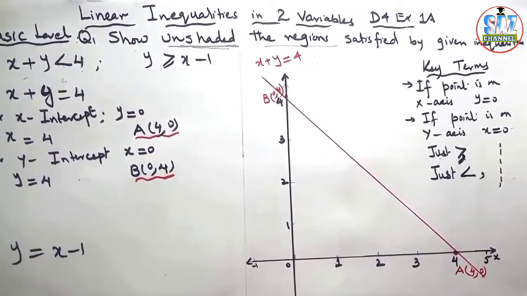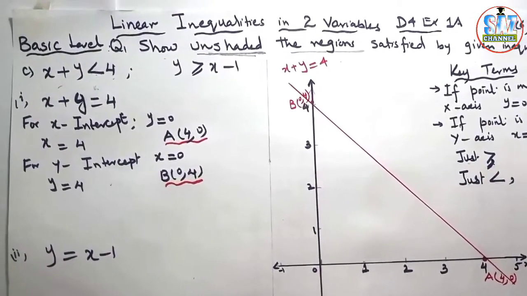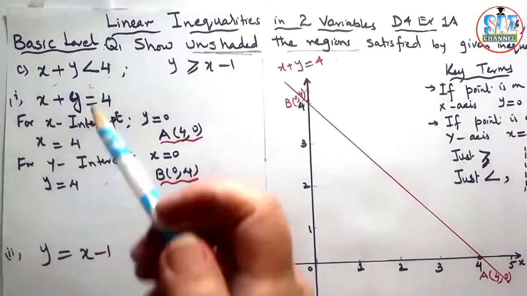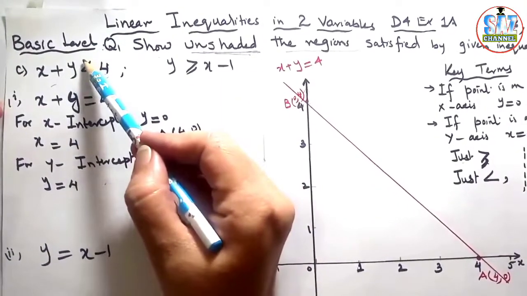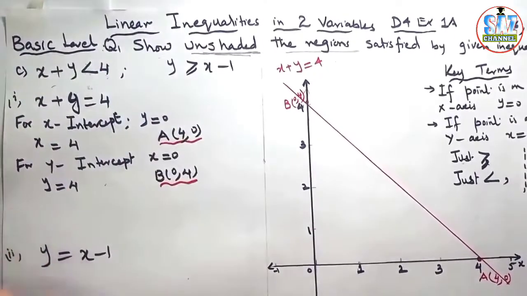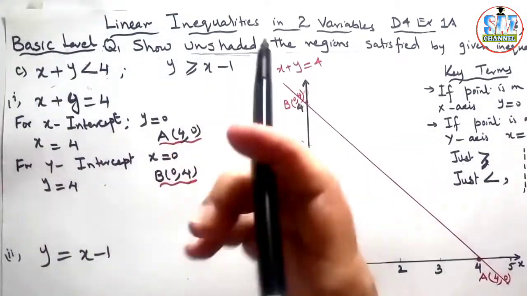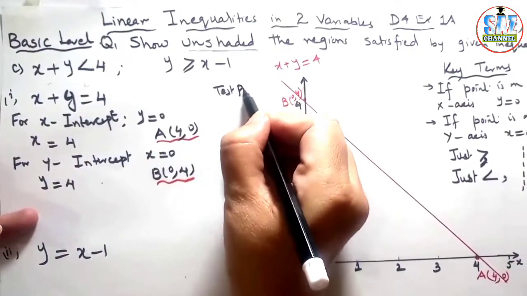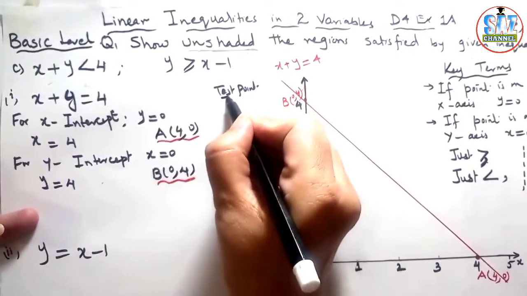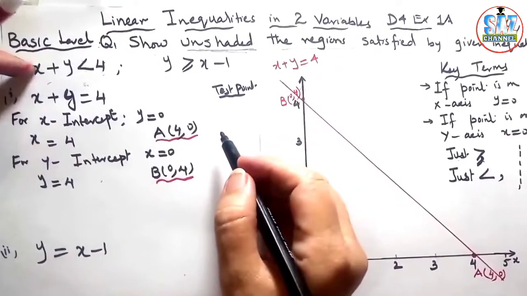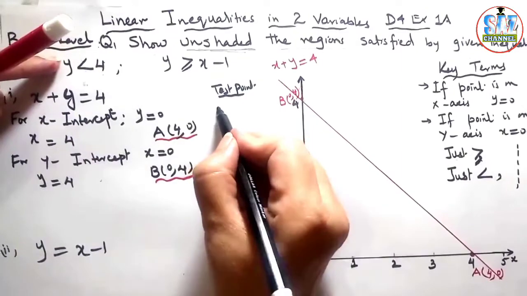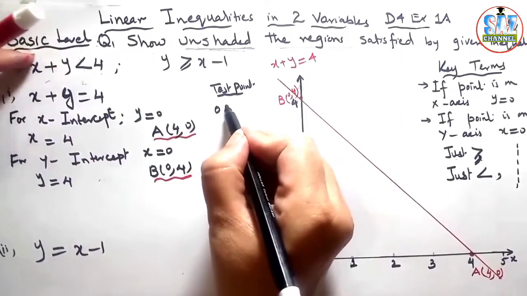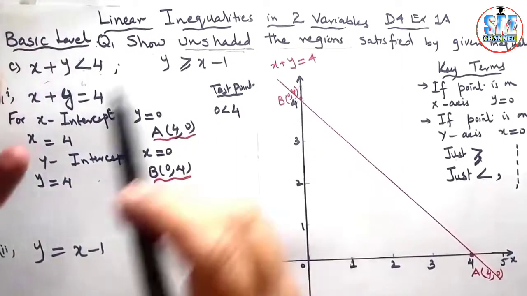Now, in order to shade the region, we have to see this inequality condition, and we will be using a test point. The test point will mostly be 0, 0. When I am replacing my x and y values with 0 in this inequality expression, I am getting 0 less than 4.